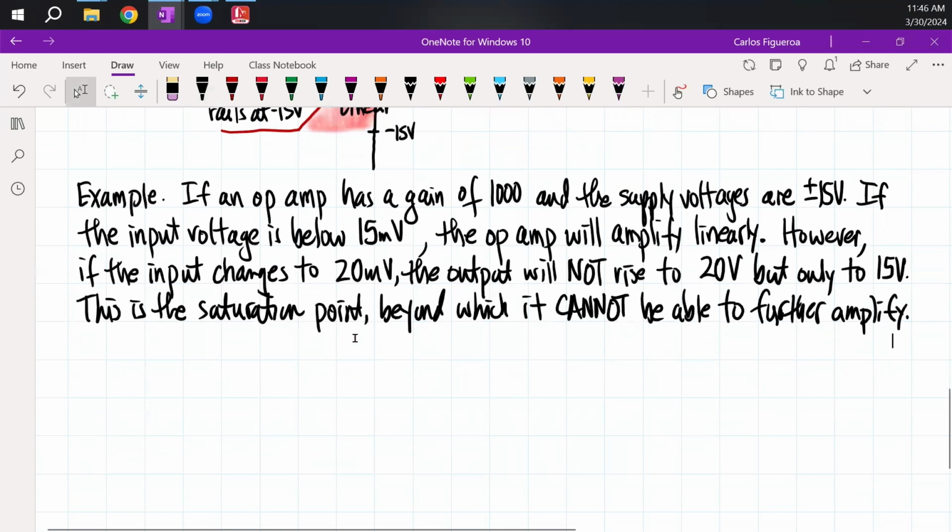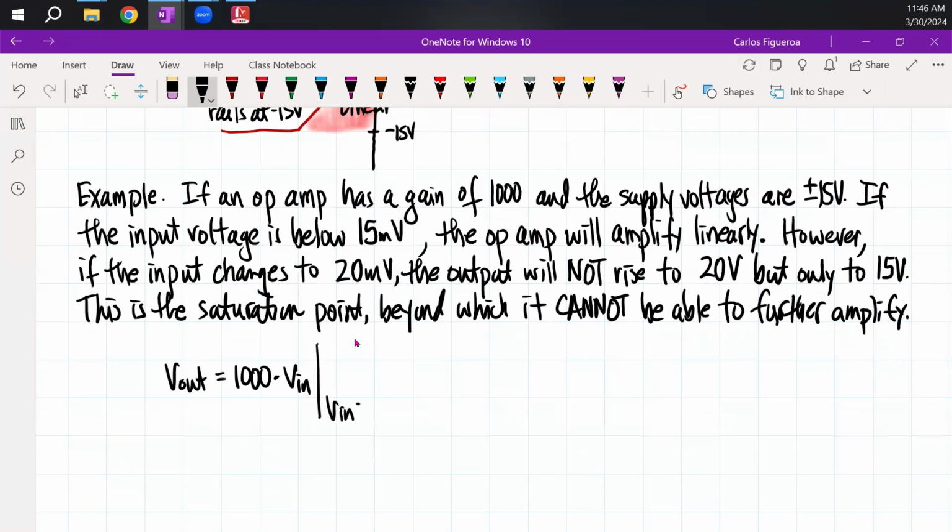So number wise, we're saying like this. If I have my output, and this is equal to, let's say, a gain of 1,000 times my input. So if that input is 10 millivolts, which is less than 15, when I put this in, you're going to see that this amplification is then going to be 10 volts, which is less than the supply voltage of positive 15 volts.